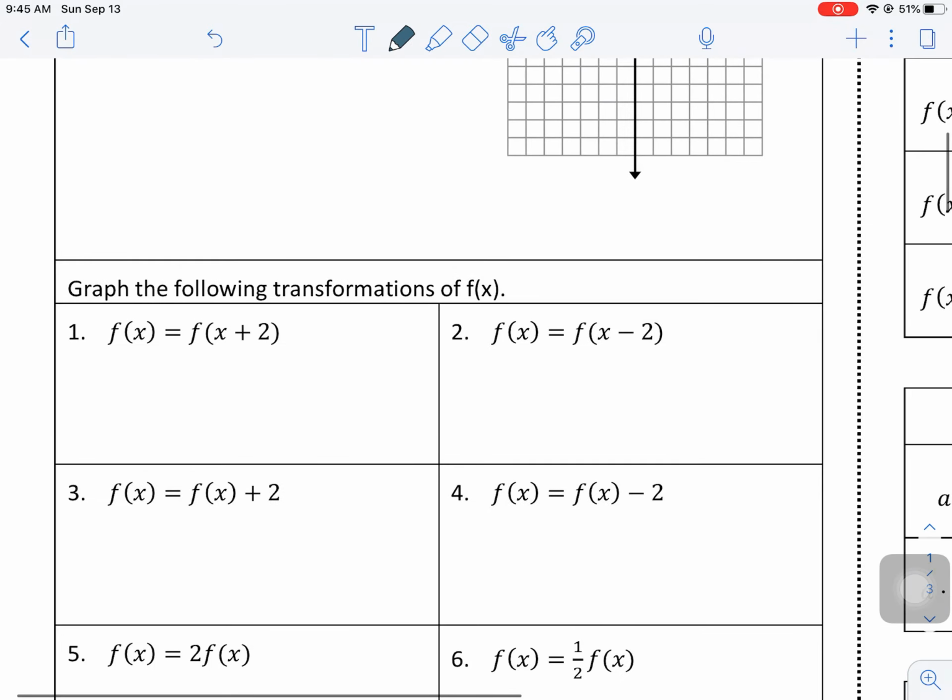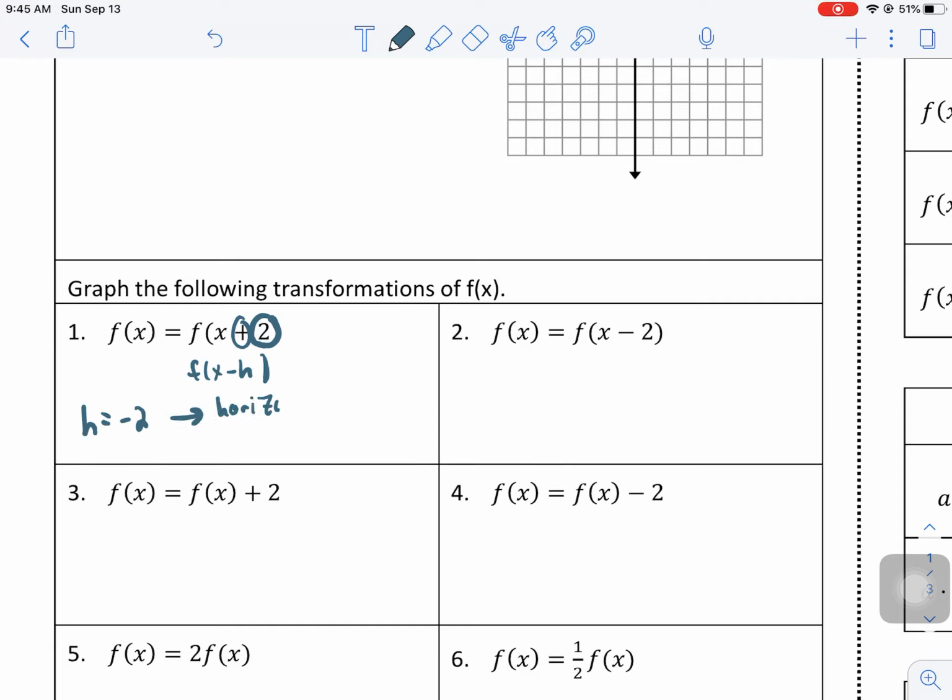This first one is telling us that we want to do a horizontal shift. It's inside the parentheses, so we have to keep in mind what that is. Normally it's f of x minus h, but because it's positive, that means it's minus a negative. So our h value is equal to negative 2.